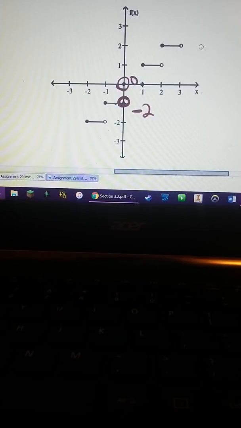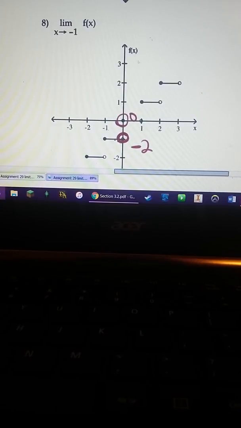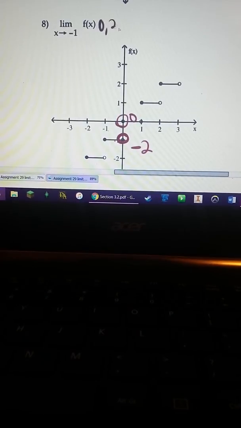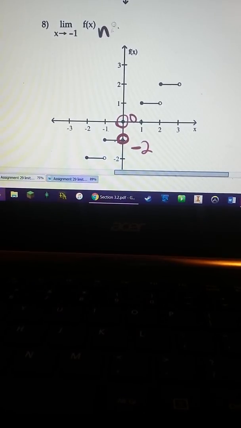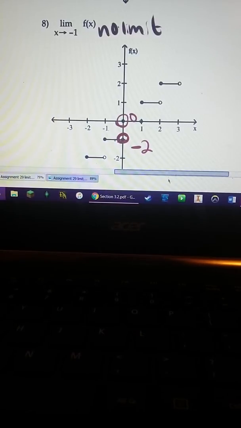From what we know of limits, this can't have one, because you can't have 2 different y values for one limit. At least I'm pretty sure that's what the internet told me, and the internet's never wrong, so we're just gonna put no limit. Cool.